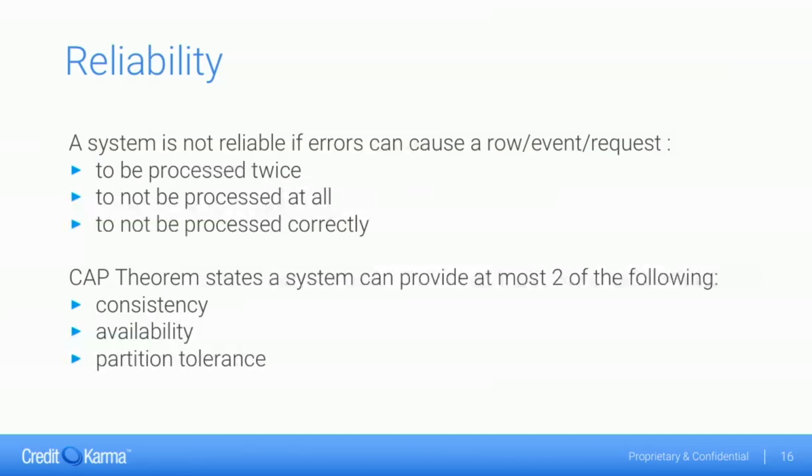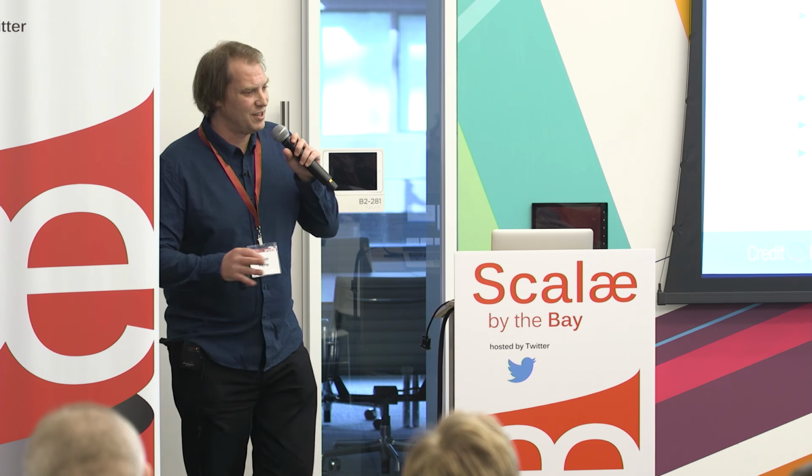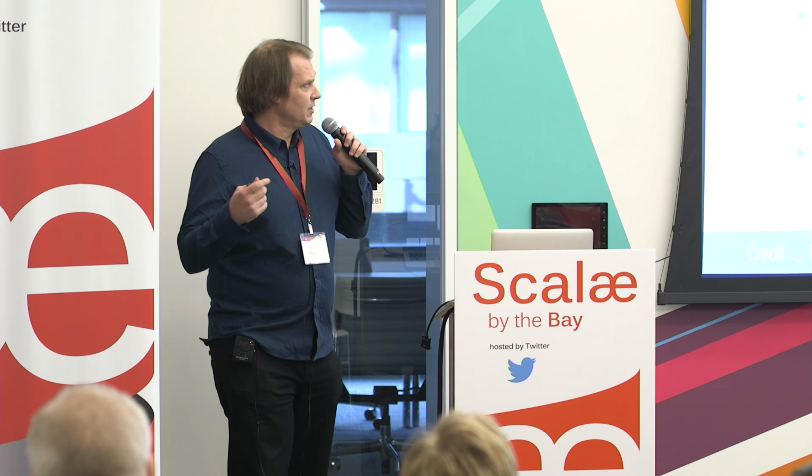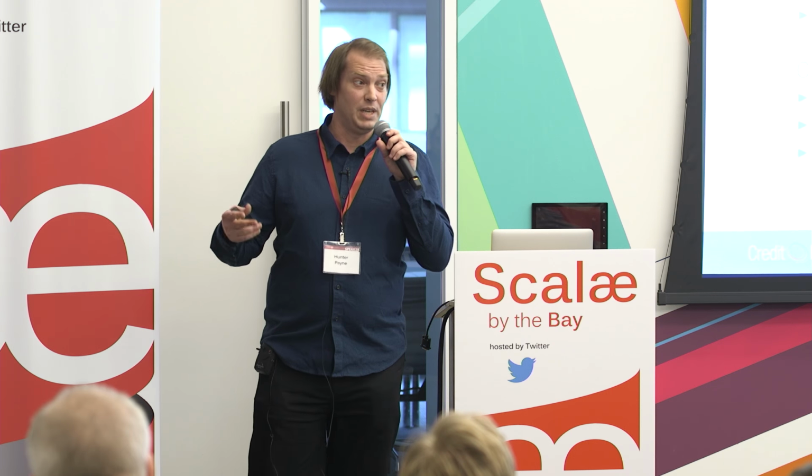The other aspect of reliability I look at is something known as the CAP theorem. CAP theorem was first stated by a guy named Eric Brewer, who was a PhD candidate at Berkeley at the time. And he basically stated that you get 2 of the following 3: consistency, availability, or partition tolerance. Just like in most areas of work, good, fast, cheap, pick 2. Well, in this case, consistency, availability, partition tolerance, pick 2.